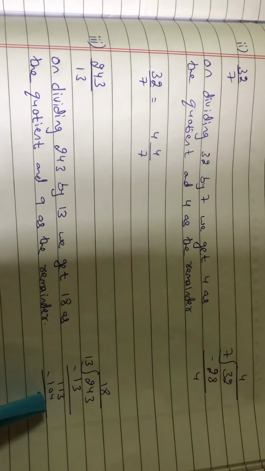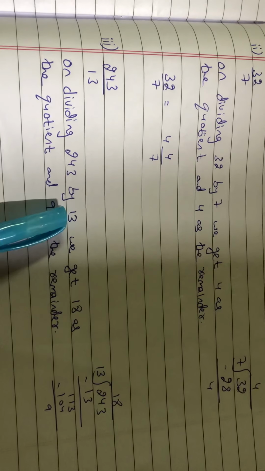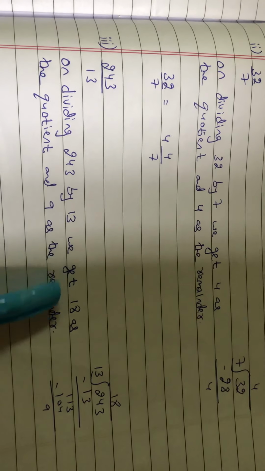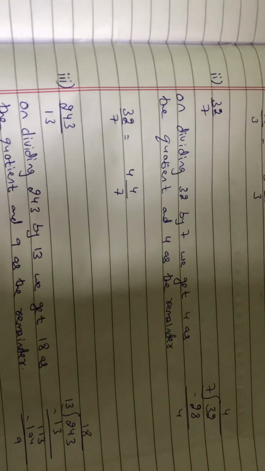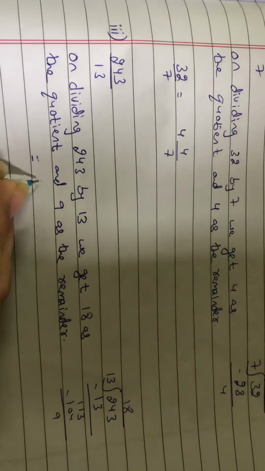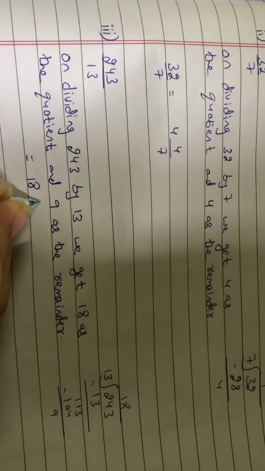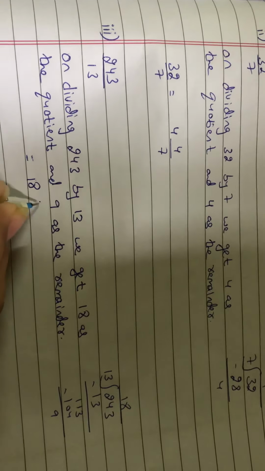So on dividing 243 by 13, we get 18 as the quotient and 9 as the remainder. So it can be written as, that is quotient is 18, remainder is 9, and divisor is 13. So the mixed fraction is 18 9 by 13.